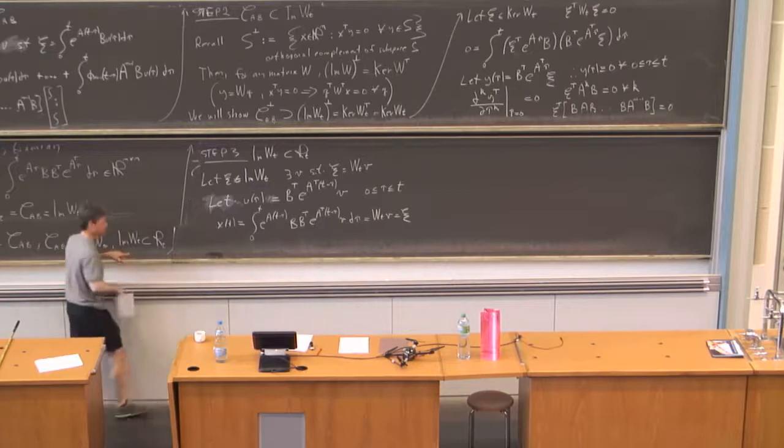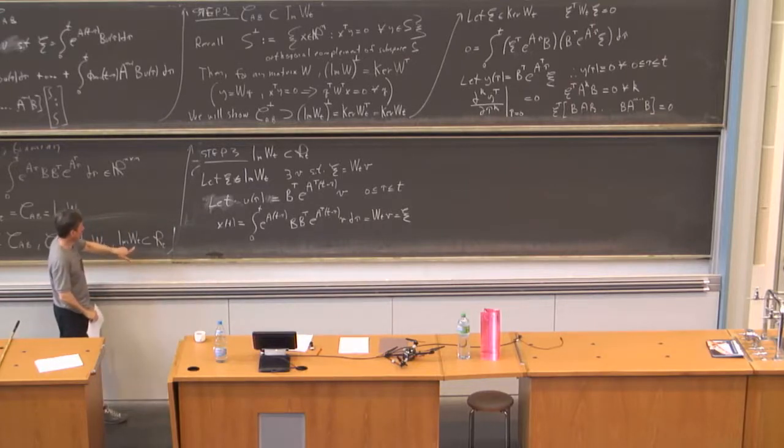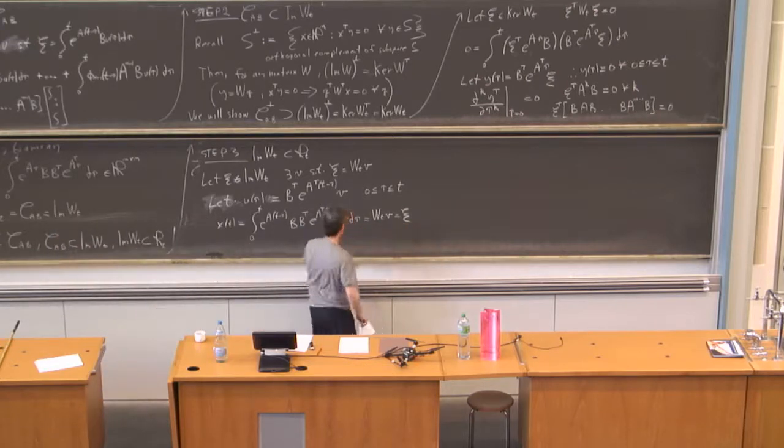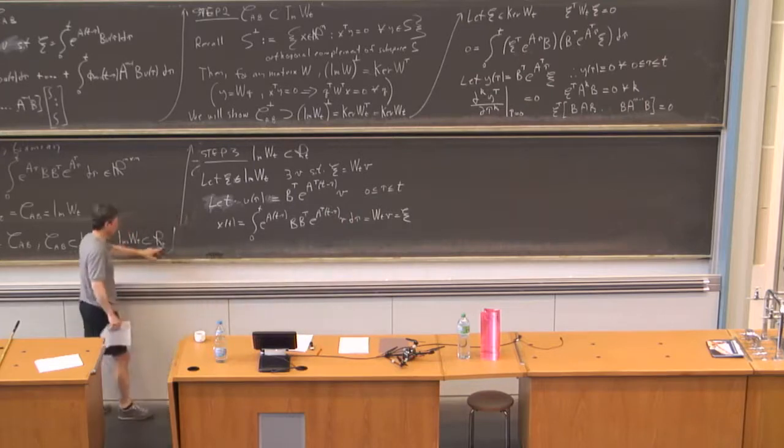We've just shown that if something is in here, I can find a u that gets me to that state, and by definition, that has to be in the reachable subspace.